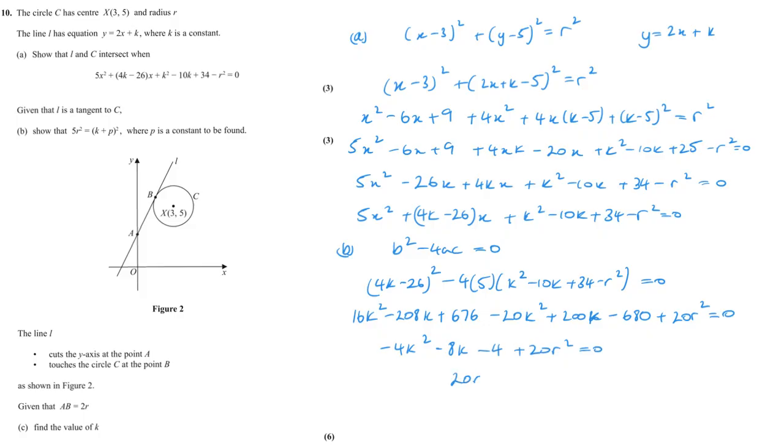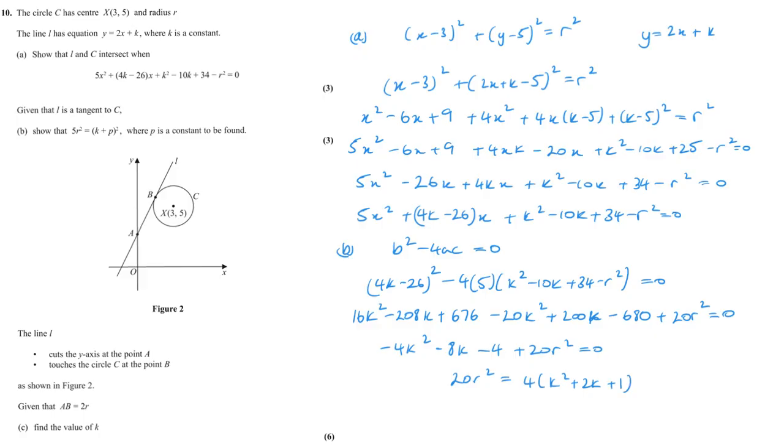So 20r squared equals 4k squared plus 8k plus 4. Now if I factorise out 4, we've got k squared plus 2k plus 1.